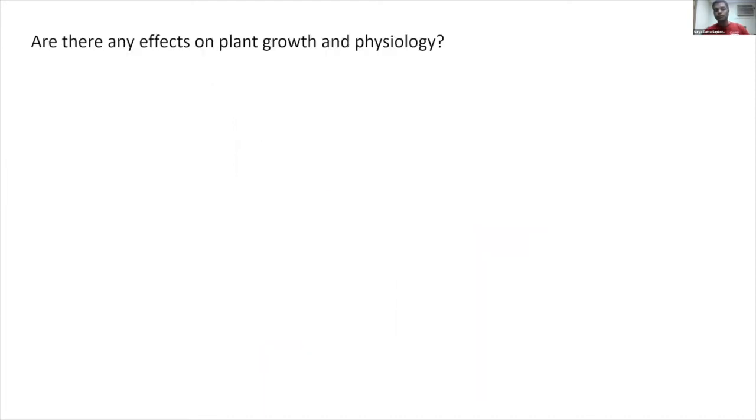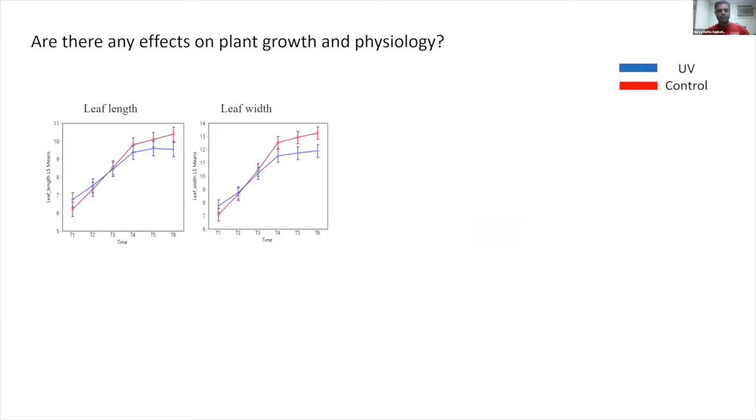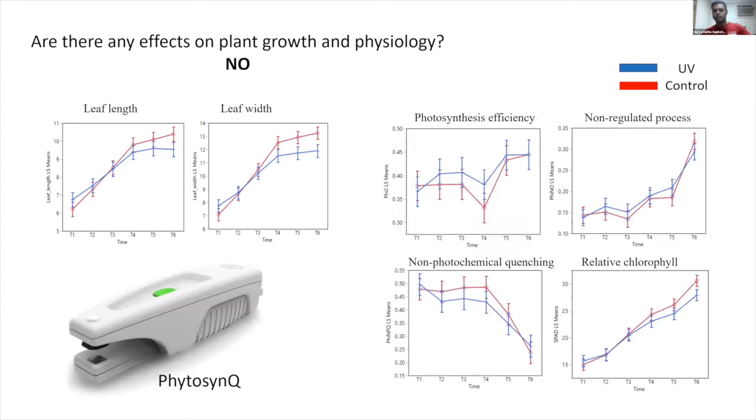But we also like to know whether there is an effect on plant growth and physiology. So we went every week and measured the growth in terms of leaf expansion, leaf length and width. We measured some physiological parameters with the PhotosynQ, some photosynthesis efficiency, and the chlorophyll content. The time goes over almost 2 months, and you see the pattern follows more or less the same pattern.